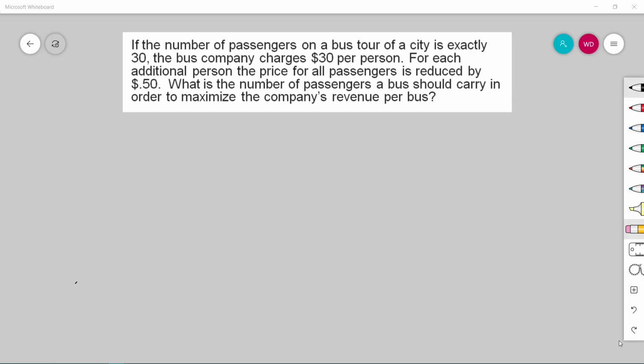Well, to do that particular problem, what we'll do is we'll say that A then will correspond to the amount earned per bus. And X will be the additional number of passengers.